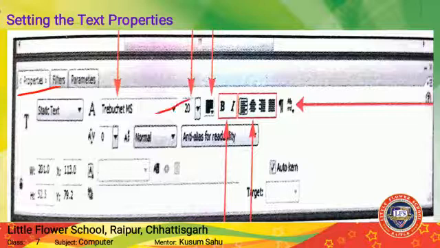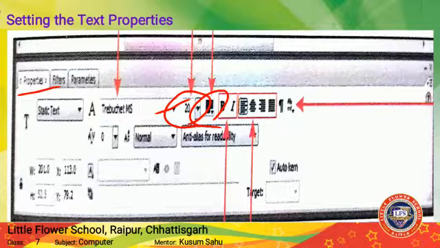By this you can change the font style from here. After clicking this you can change the size of the font, and after clicking this icon you can change the color of the font. After that, when you click here you can change the orientation of the text, that is horizontal or vertical.